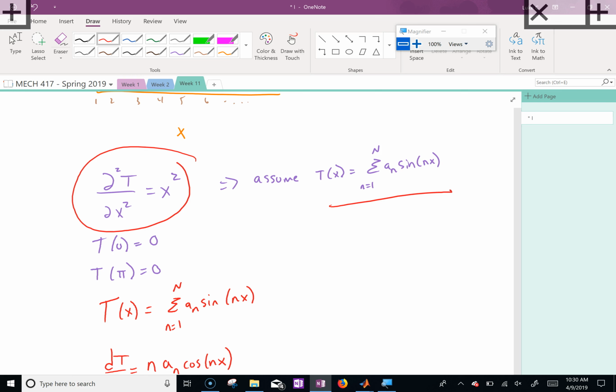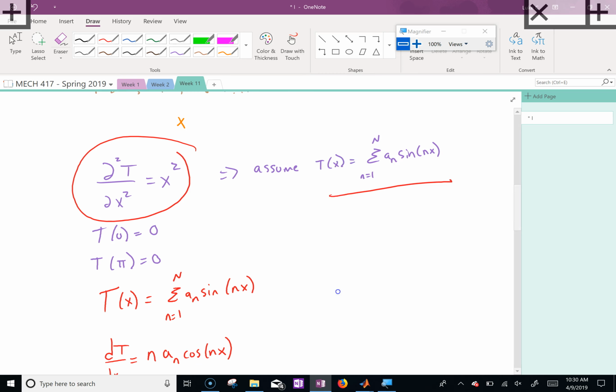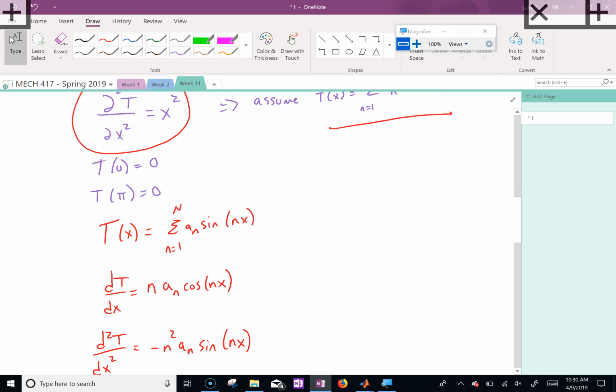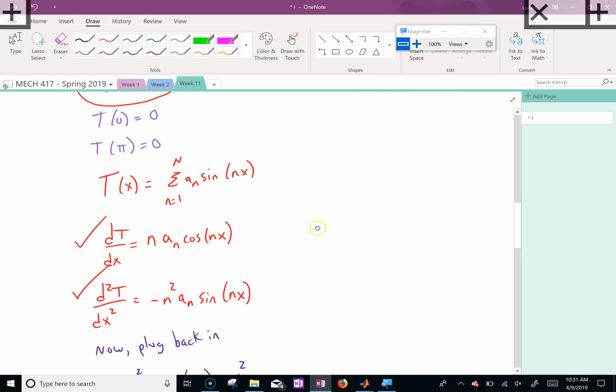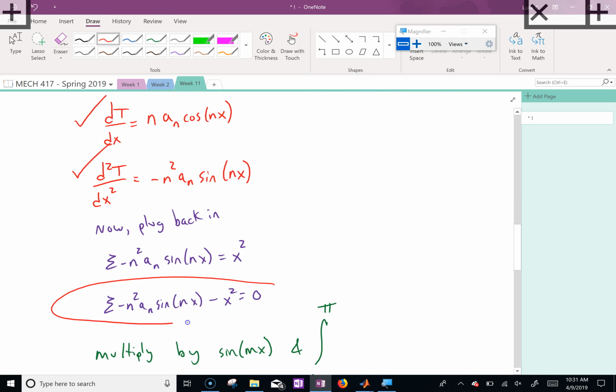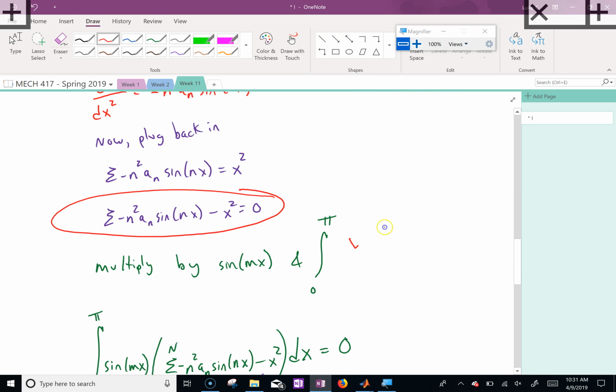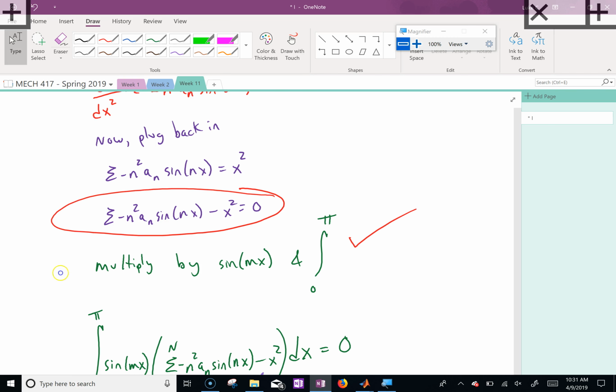The rules are all the same. Basically, you take this, you plug it back in, you find the first derivative, you find the second, you plug it in, you end up getting this, and then you integrate by multiplying by sine of mx, and then you integrate from 0 to pi. Standard rules.